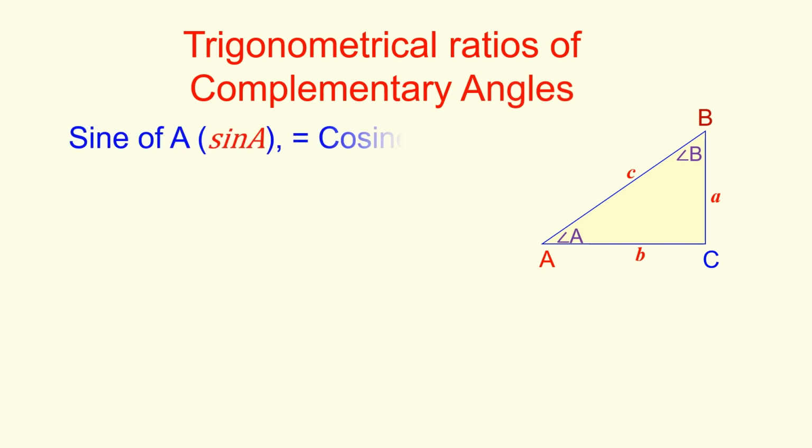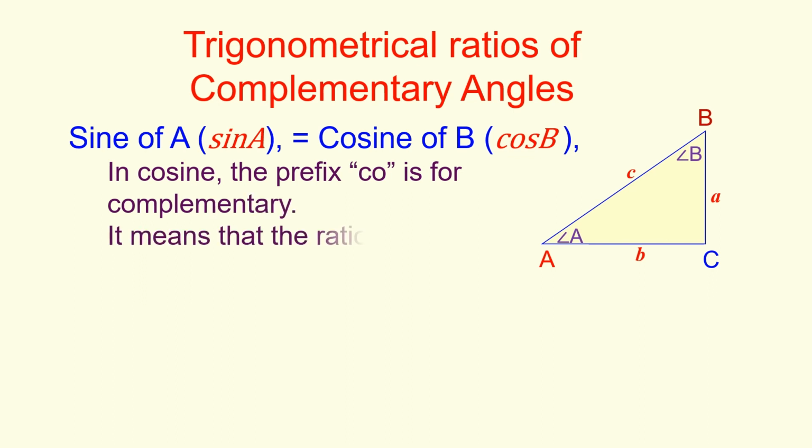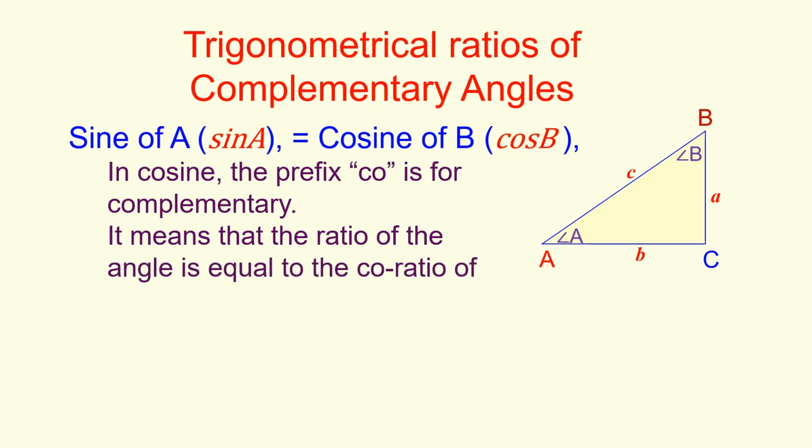Trigonometrical ratios of complementary angles. Sine of A equals cosine of B. In cosine, the prefix co is for complementary. It means that the ratio of the angle is equal to the co-ratio of the complementary angle.